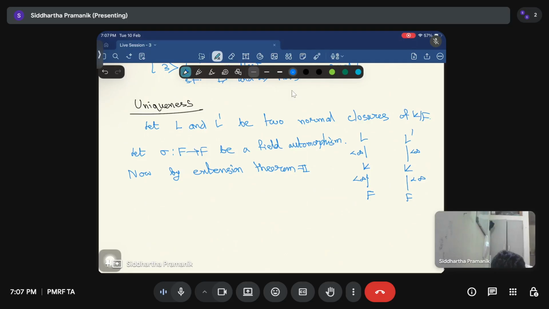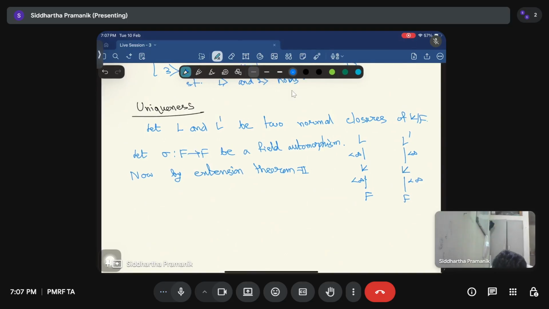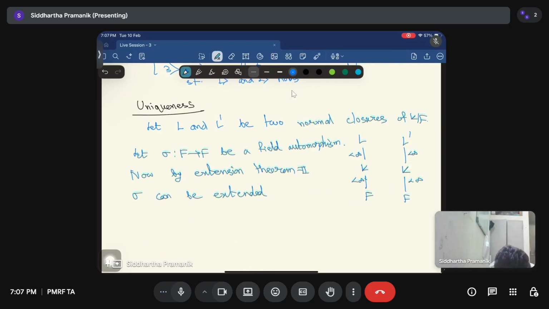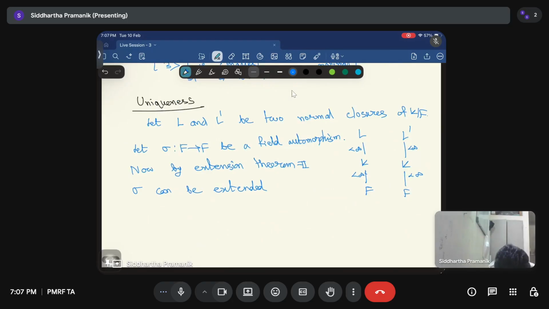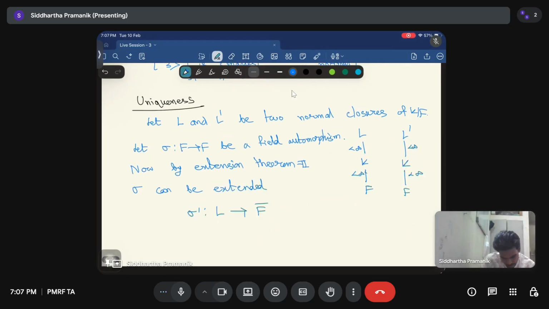So by extension theorem, sigma can be extended to a homomorphism from L, so it can be extended to sigma prime from L to F closure, right?